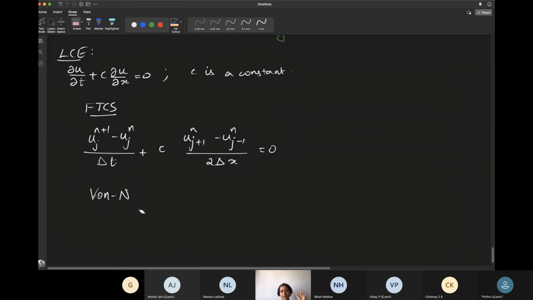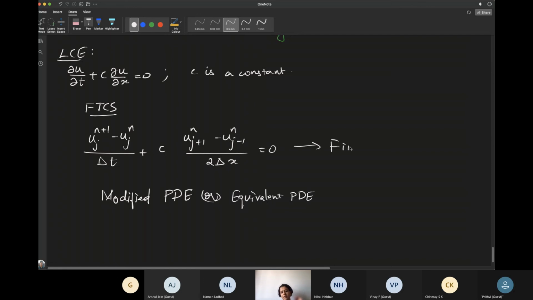First of all, before doing stability analysis, let's see something known as modified PDE or equivalent PDE for the finite difference equation. So this is now a finite difference approximation of our PDE.